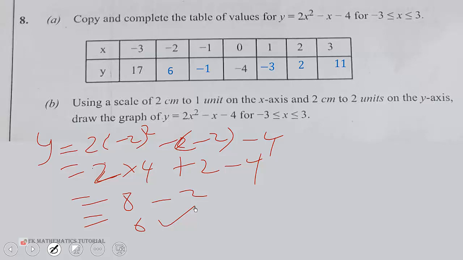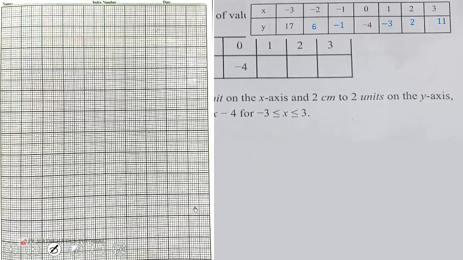Take your graph sheet paper, pen, mathematical set, long ruler, and also calculator. Then you go to your graph sheet and draw these two axes, the x and the y axis. Label it. So this is the x axis. Please try and label it. And this is the y axis.